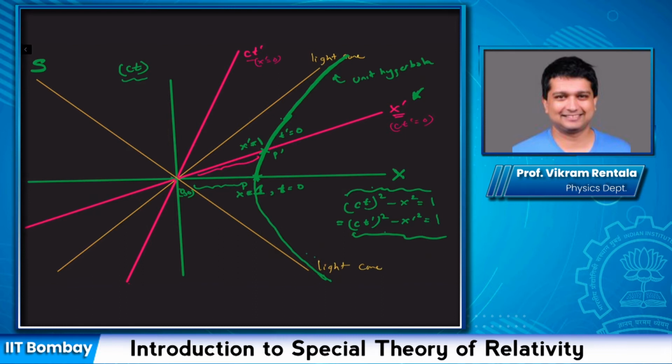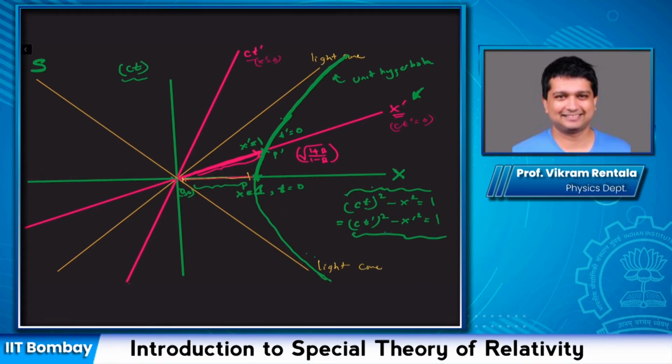You can in fact convince yourself that if this length is 1 unit, the length of this line segment over here is the square root of (1 plus beta) over (1 minus beta). This is not important, it's just to tell you that this length on the sheet of paper is actually going to be longer than this length over here.